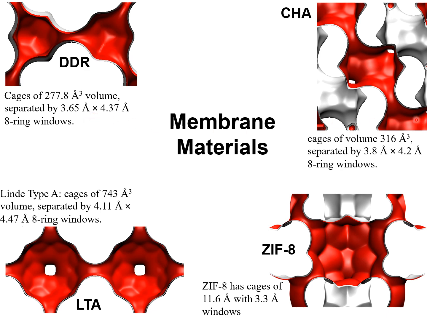Chabazite has cages of 316 cubic angstrom separated again by narrow windows of about 4 angstrom in size. ZIF has larger cages separated by windows of about 3.3 angstrom, and LTA 4A zeolite consists of cages of 743 cubic angstrom separated by narrow 4 angstrom windows.